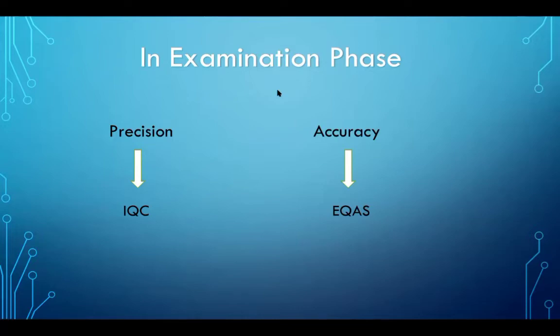Your answer is not changing, but it is not correct. So you can get precision without accuracy, but you cannot get accuracy without precision. Understand? And both are important.